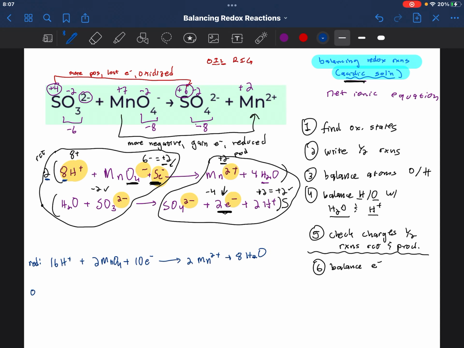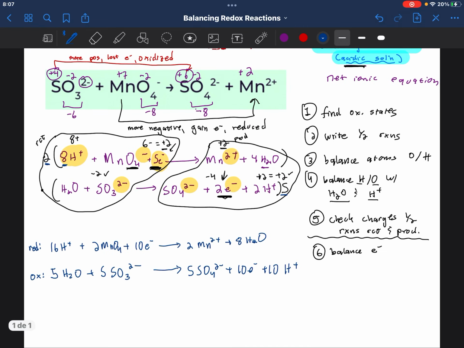All right, my oxidation, I'm just distributing this 5: 5 H2O plus 5 SO3 2- yields 5 SO4 2- plus 10 electrons plus 10 H+. All right, now my final step here is to combine my half reactions and simplify.